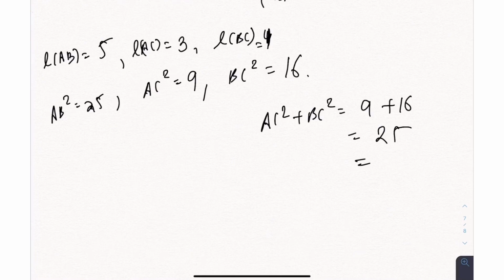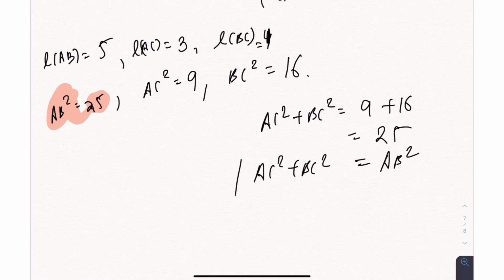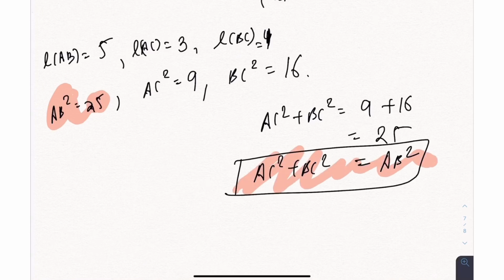But we already know that AB square is 25, no? So we can replace 25 by AB square, and we get AC square plus BC square is equal to AB square. If this condition is satisfied, it means AB is the hypotenuse, and so the triangle is a right angle triangle.